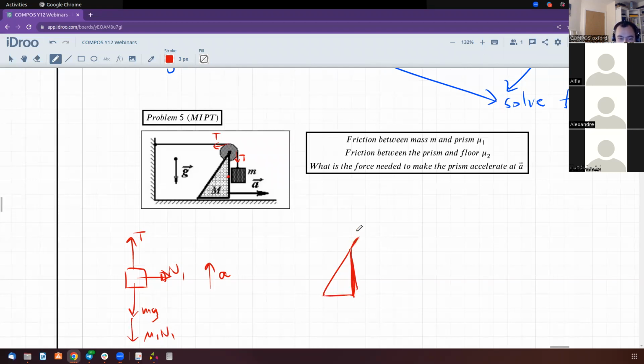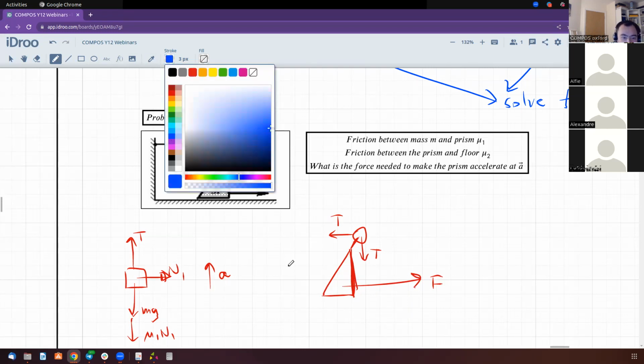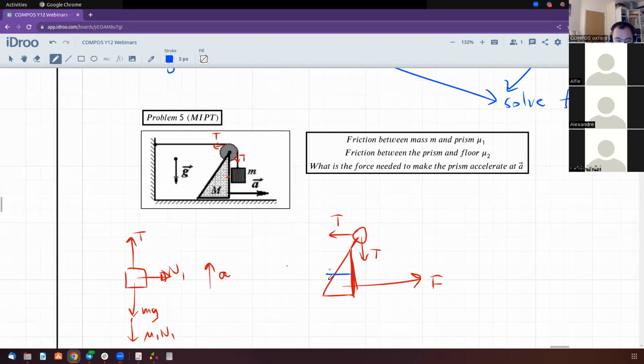So at the block, there's tension going down, there's tension going left, there's a force pushing, then there's the friction force. There's N1, sorry, N1 from the mass. There is friction force going up, mu 1 N1.